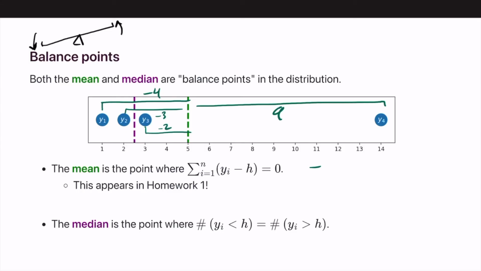So we have -4, -3, -2, and 9, and this just winds up giving us 0, which is why 5 in this case is our H star.